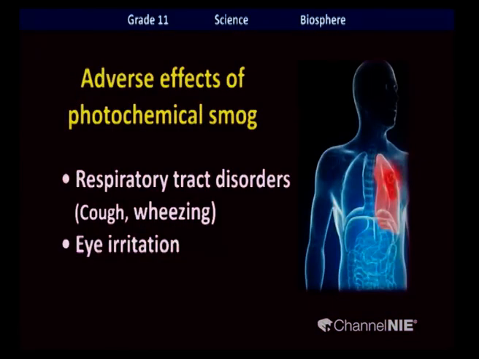So what are the adverse effects, or harmful effects, of photochemical smog? Number 1, respiratory tract disorders. Number 2, eye irritation. If you go to an industrial city, sometimes you can feel a burning sensation in your eyes, and sometimes you can get a headache due to inhaling these secondary pollutants and other toxic gases.